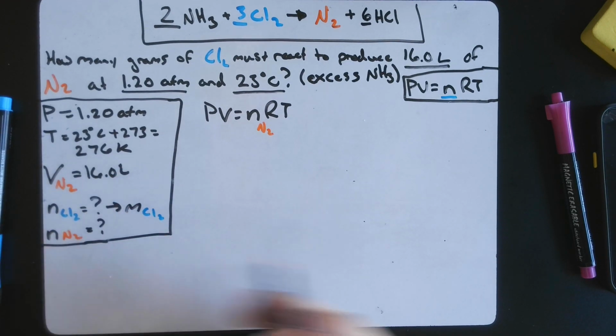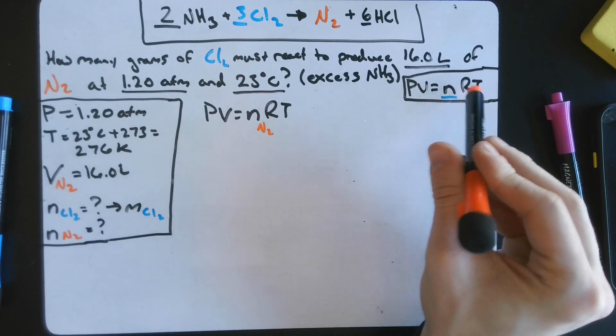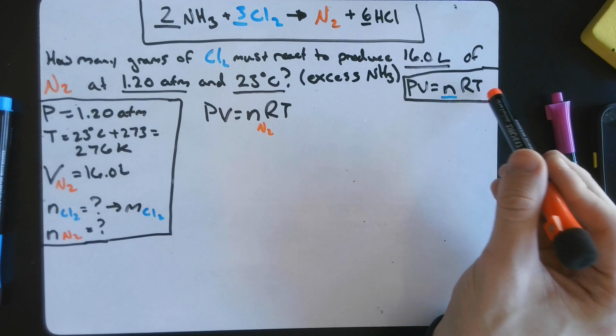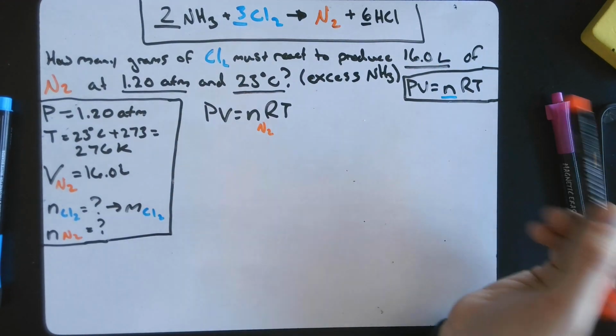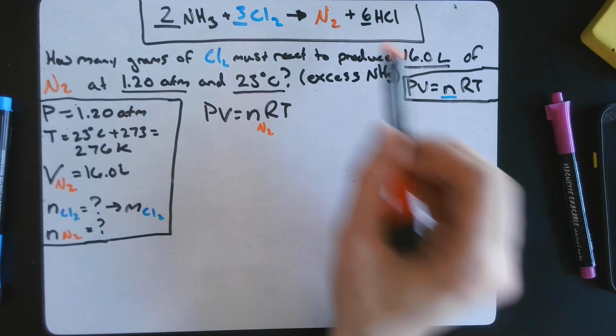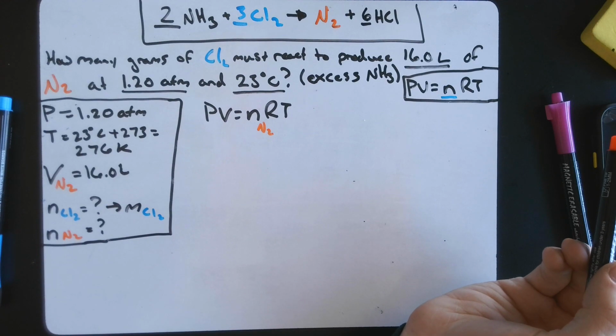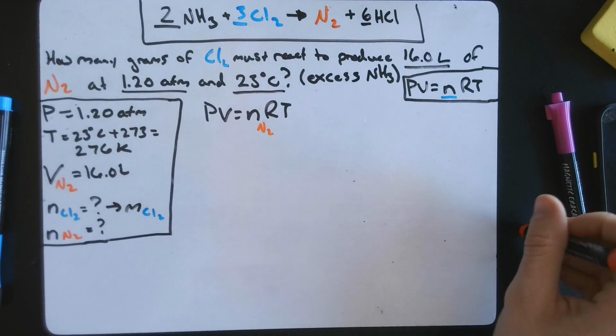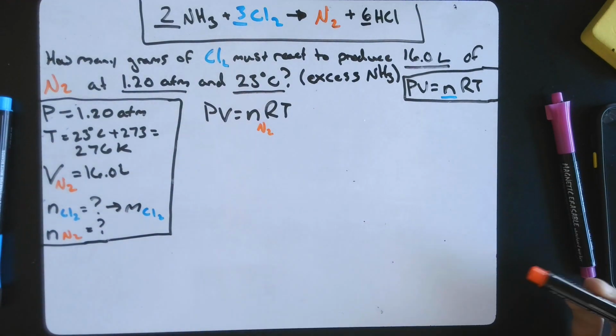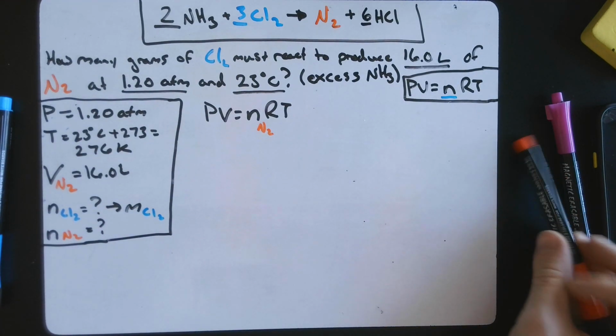I'm in liters, okay? So maybe a good way to think about gas stoichiometry is, how do you get from one of your other variables into moles, right? In this case, the variable told to us was liters of nitrogen, right? How do I go from liters to moles? So I would plug directly straight into PV equals nRT.